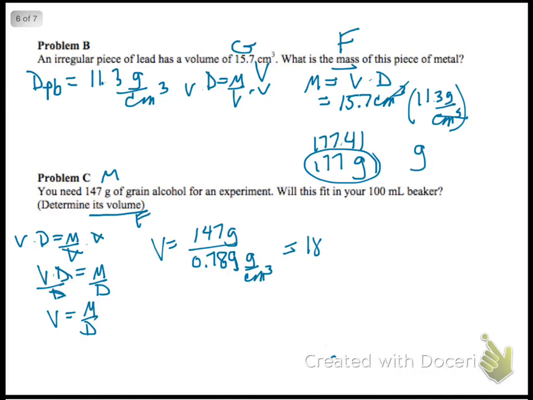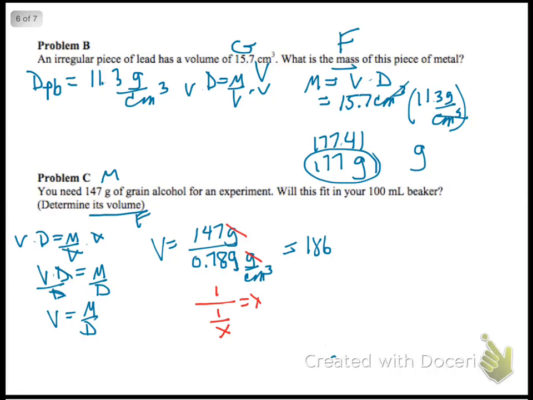Let's plug in the numbers, and when I do that, I want 3 sig figs, because that's what I have in my mass, in my given. And let's talk about units. I have grams on the top, and grams over centimeter cubed on the bottom. So the first thing I can do is cancel out the grams and the grams. That leaves me with no units on the top, and basically 1 over centimeter cubed on the bottom.